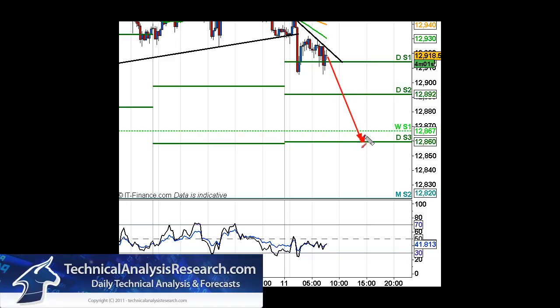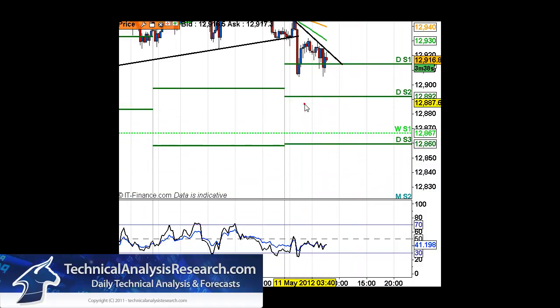We should see some decent support here again towards the North American session. If we do reach it by then, hopefully we should break that level and head down, but do target that 128.60 and probably just cover your shorts there and wait to see what happens in the market.